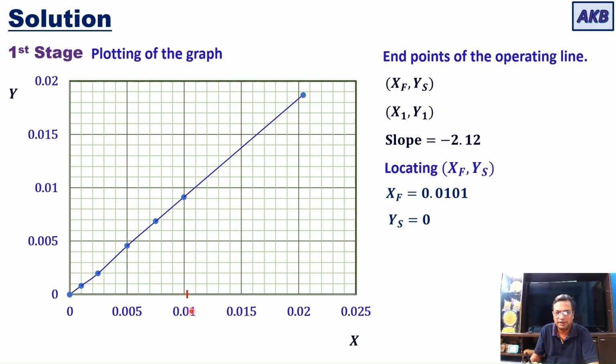So it will be located over here. This is XF and the operating line will start at this point. Now the task is to plot the operating line which has a slope of minus 2.12, or the line which makes an angle of 64.5 degrees, measured in a clockwise direction.